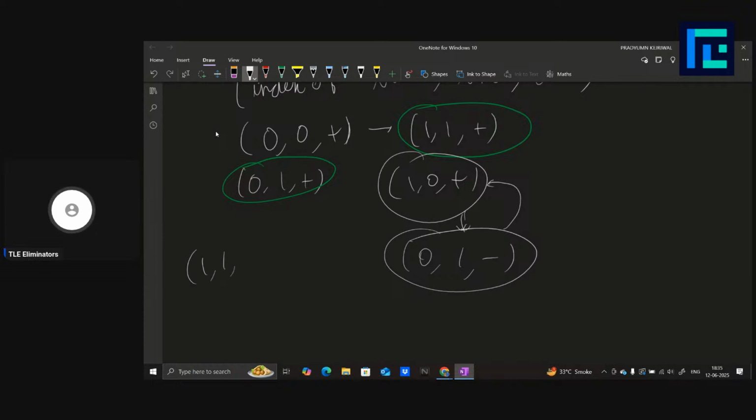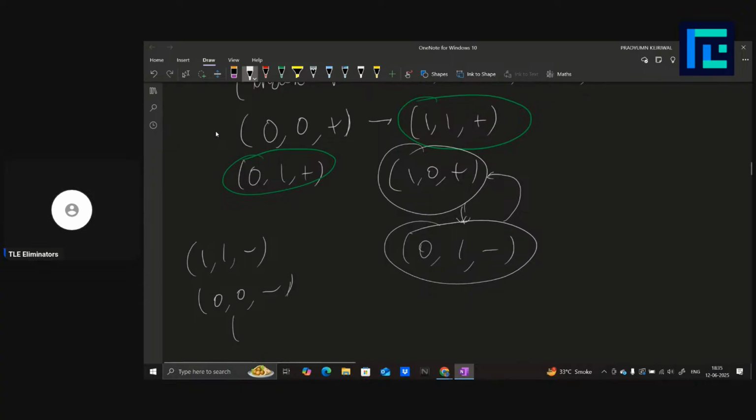So we have 1 1 minus, we have 0 0 minus, and we have 1 0 minus.